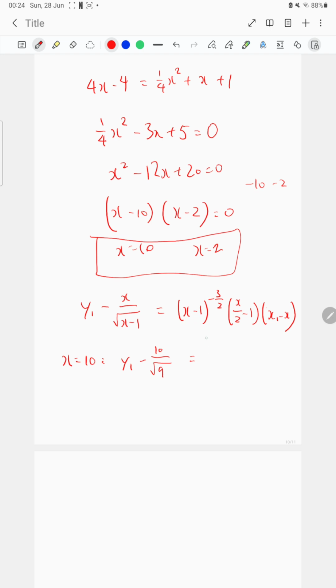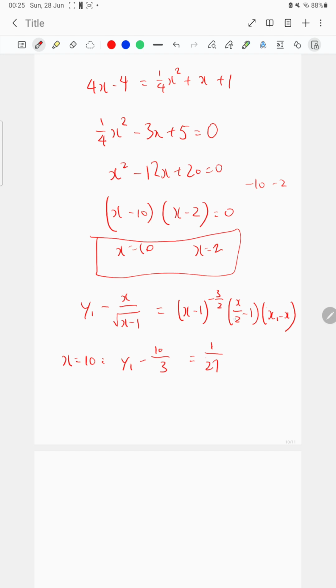So 10 minus 1 is 9. 9 to the power of negative 3 over 2 is just 1 over 9 to the power of 3 over 2, that is just the square root of 9, to the power of 3. Square root of 9 is 3, 3 to the power of 3 is 27, so this is 27.